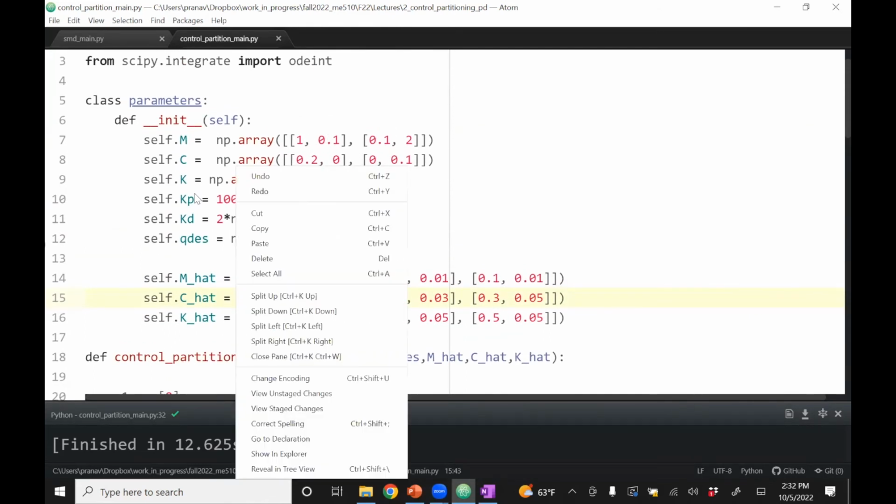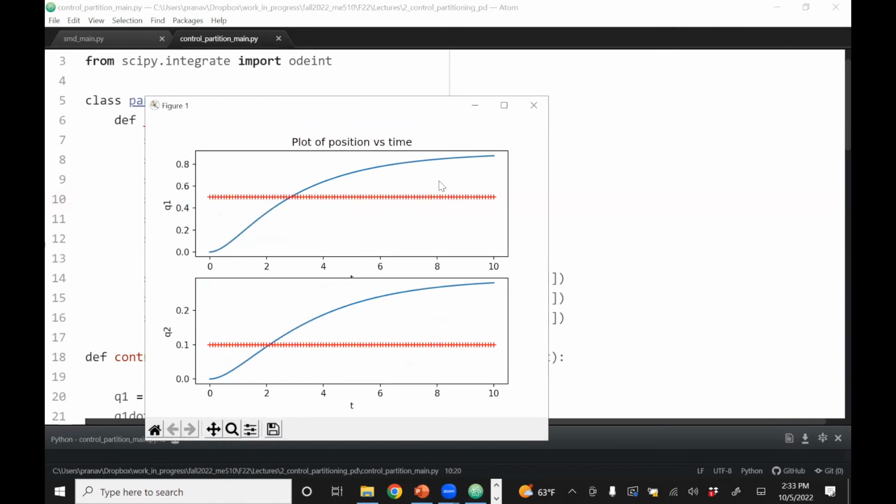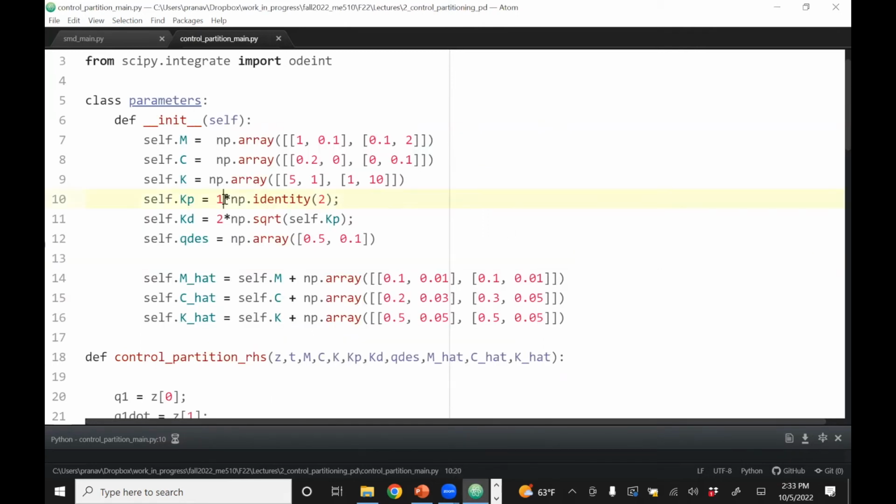Now, if you also change these gains, let's try 1. It just overshoots. Maybe 10 will work.